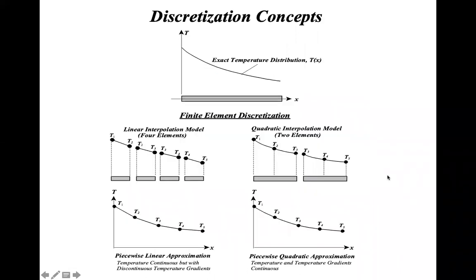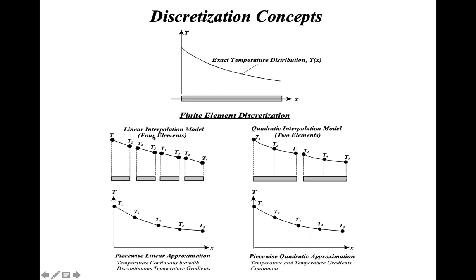Now let us consider the earlier example again. Here we have divided it into four elements. Let us say here we have temperature T1, and here, if I draw a straight line, we have temperature T2.